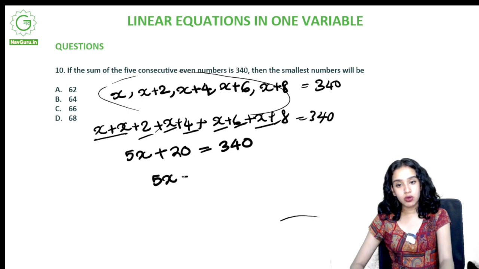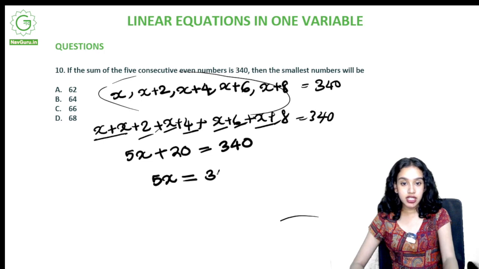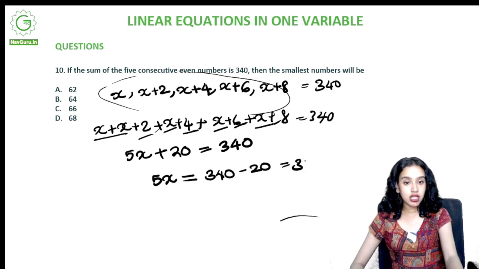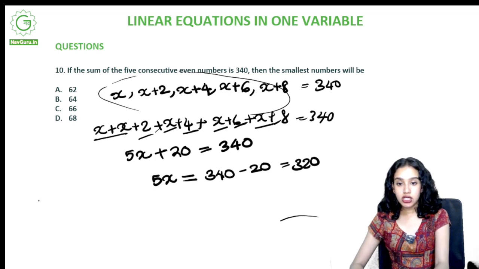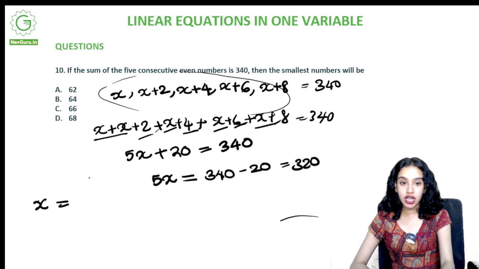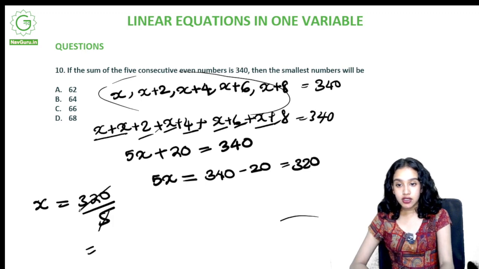So 5x becomes, what is 5x? 340, we have plus 20. When we are taking it to the other side, it becomes minus 20. So this becomes 320. And what is x? This is multiplied by 5. So when I take it to the other side, it becomes divided by 5, right? What is 320 divided by 5? We could say that 6 5s are 30.